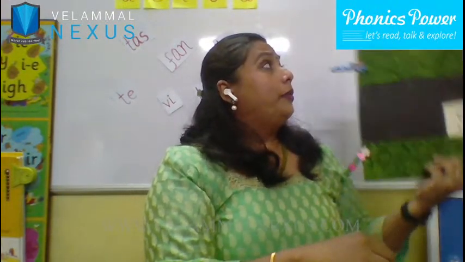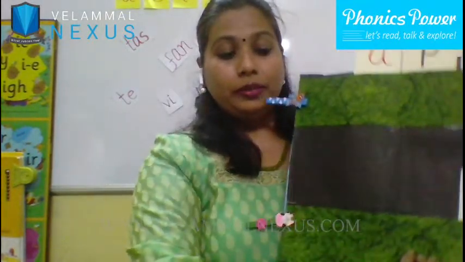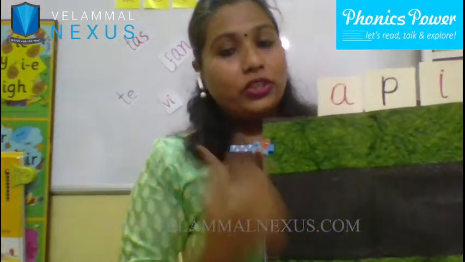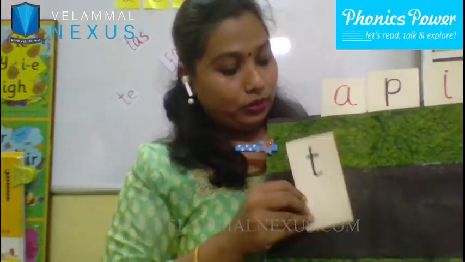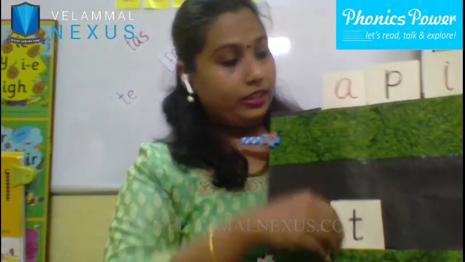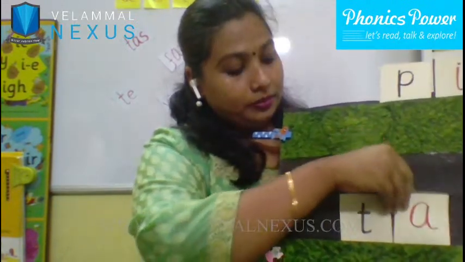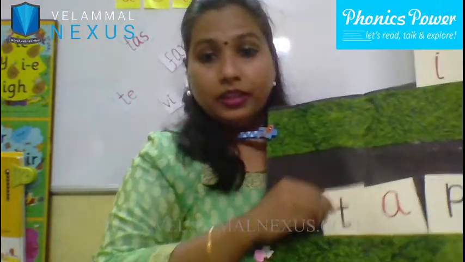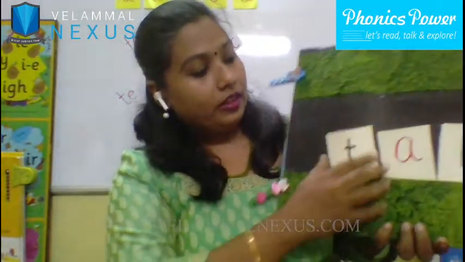The second step is, when I ask my child to blend the words together, is my child able to do it? For example, the first word that I'm putting here is tap.